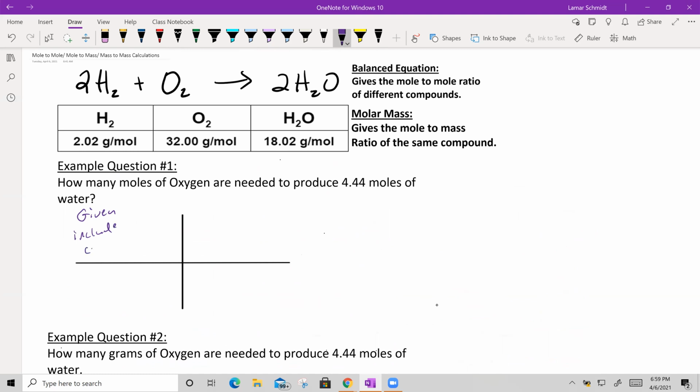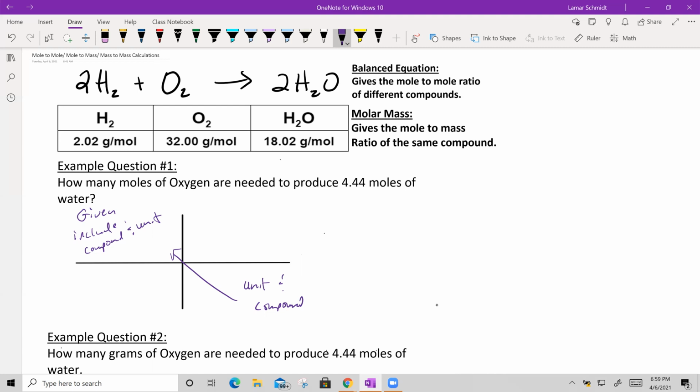compound and unit. Now, when we go down here to the bottom, we're going to use the same unit and compound as up here. And that's always going to be the case. Not any numerical values, but the unit and the compound.